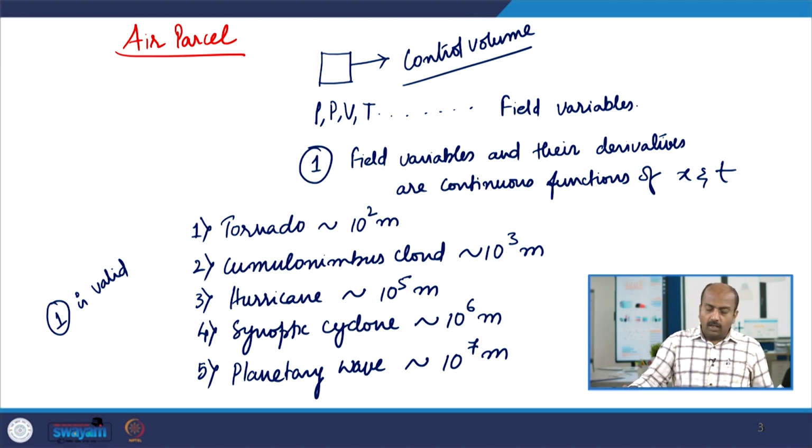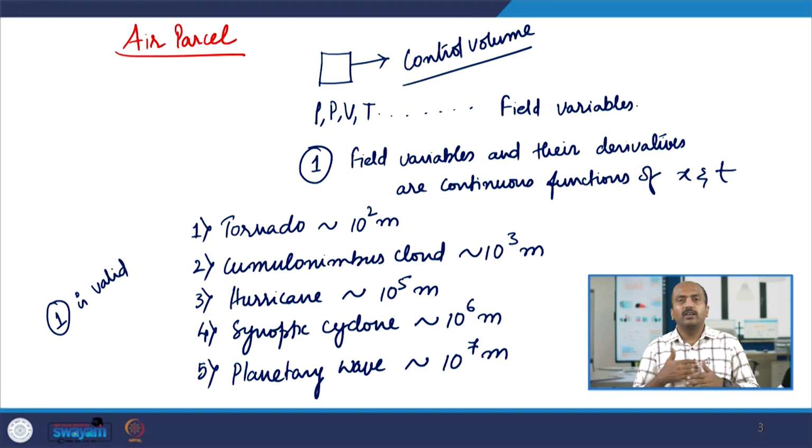If we have to develop an equation suitable for all these different types, we have to remember a simple fact: the air parcel, which is the smallest representation of the atmosphere, should be treated as an entity by itself, and all the variables are defined within that particular air parcel.